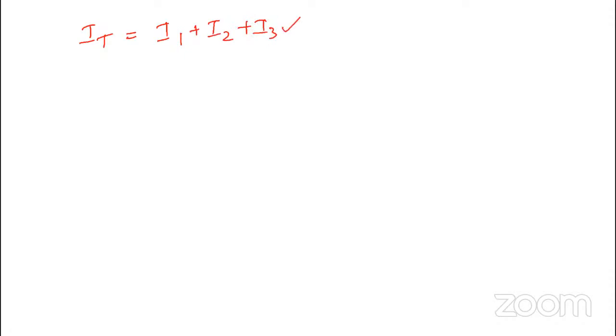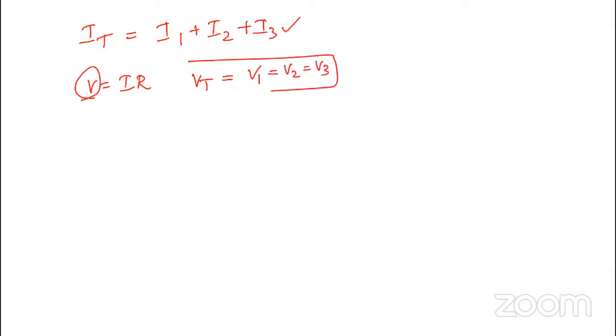Next thing, இதோட total values நம்ம find பண்ணணும். So அதுக்கு we are using வழக்கம் போல V is equal to IR formula. So V total value should be equal to, here நம்ம என்ன பார்த்தோம், it is a V value, it should be constant, V1 is equal to V2 is equal to V3. நம்மளுக்கு change ஆகாது, எல்லாரோட values உம் equal ஆ இருக்கும். ஓகே, right.